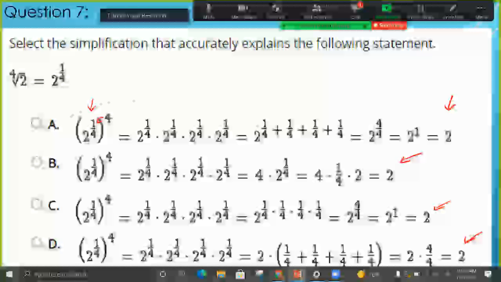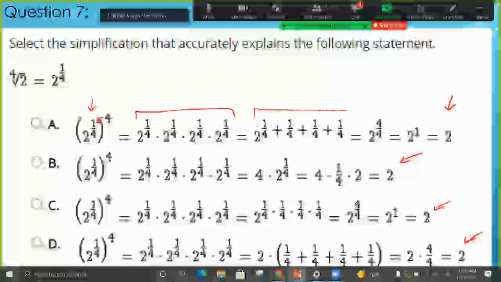So back to A. So we're looking at 2 to the 1/4 to the 4th. Okay, so then we have this section. 2 to the 1/4 times itself 4 times. So what they did was expand out that 4th power. It's 4 parentheses in a row, right? And they dropped the parentheses. It's 2 to the 1/4 times itself 4 times. That's legitimate. That's expanding the 4th power.